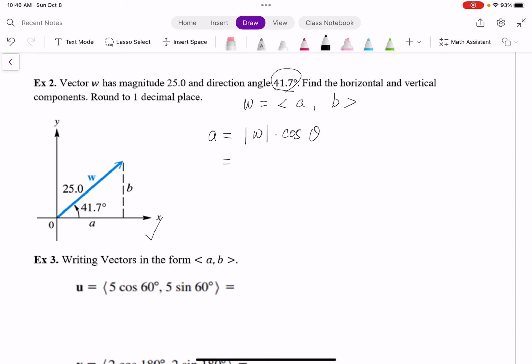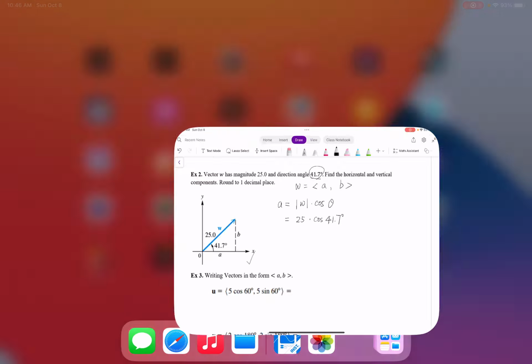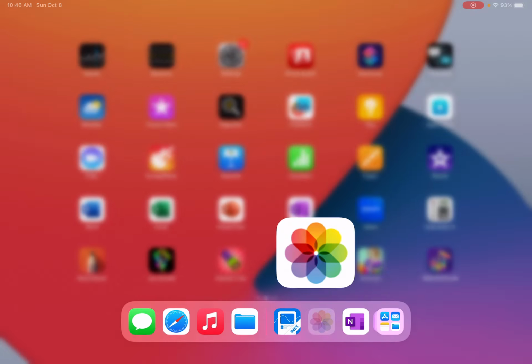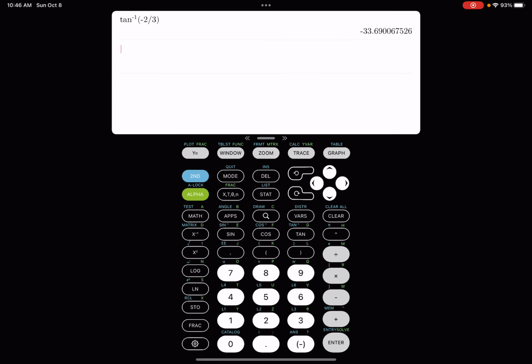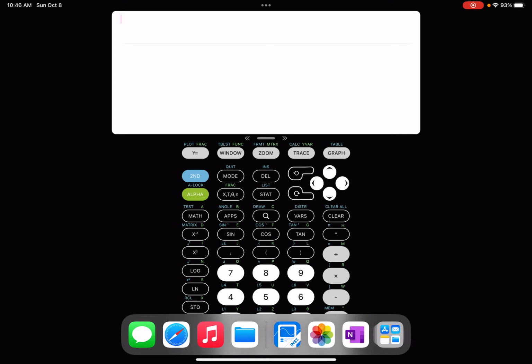Let's evaluate the value of a. It is 25 times cosine 41.7 degrees. We can use our calculator to find the value. Sorry, where is my calculator? I have really bad memory.